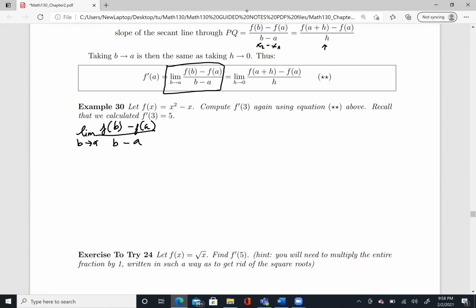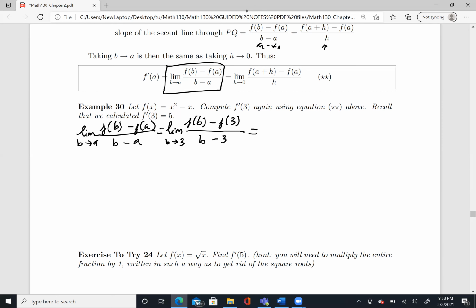It is 3, right? So I can rewrite it as the limit as b goes to 3 of f(b) minus f(3), and remember that we have f(3) already, over b minus 3, right?